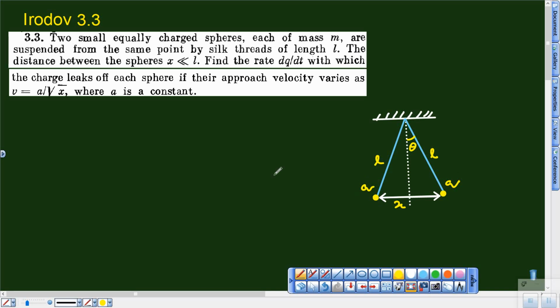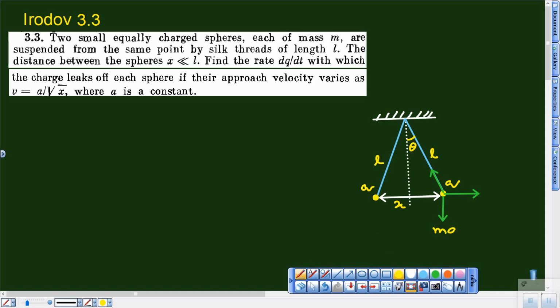So now if I draw the free body diagram of the charges, any one can be drawn. Both are identically placed. So they feel interaction with the earth, mg, and Coulombic repulsion, and the tension in the string.